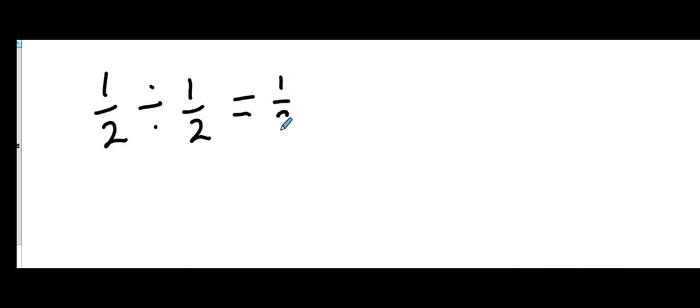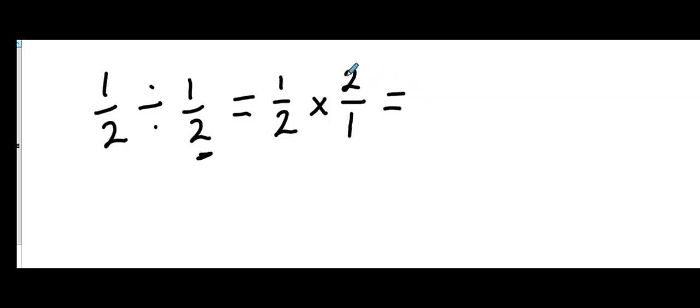So again, what am I going to do? Well, I'm going to write out my first fraction as normal, then I'm going to flip my second fraction, so my denominator becomes my numerator, which is 2, and my numerator becomes my denominator, which is 1. And now I can multiply them, because I've flipped them over.